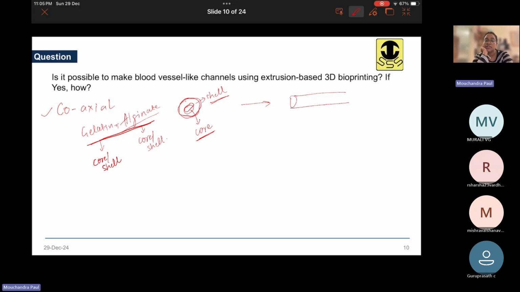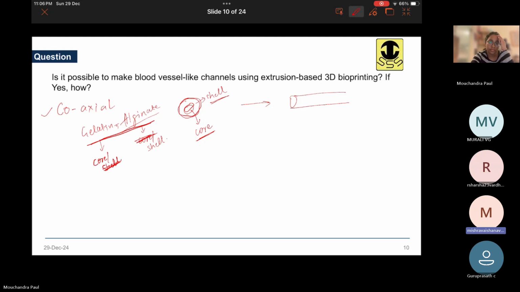And also, in this configuration, when gelatin is in the core and alginate is in the shell, how will you cross-link alginate? Ma'am, alginate is more stable than gelatin, and it is more mechanically robust, it can tolerate more stress.